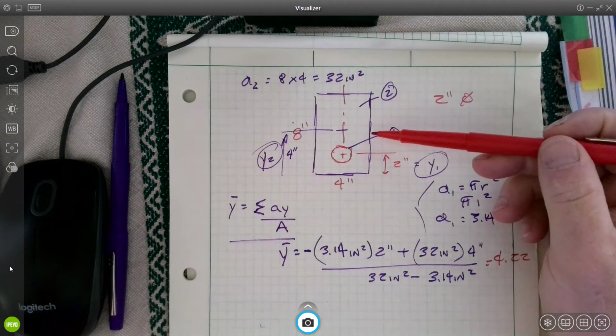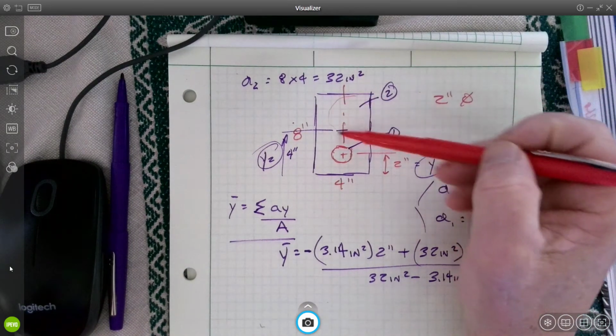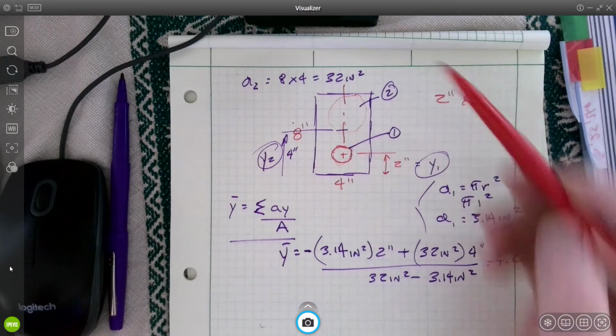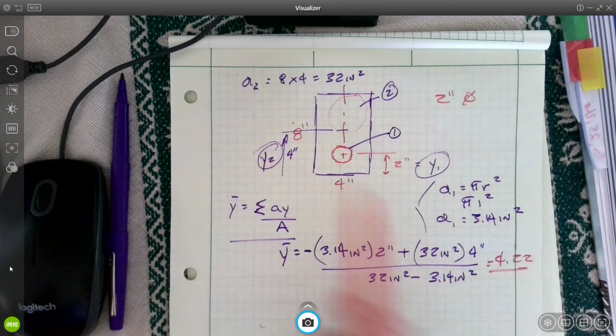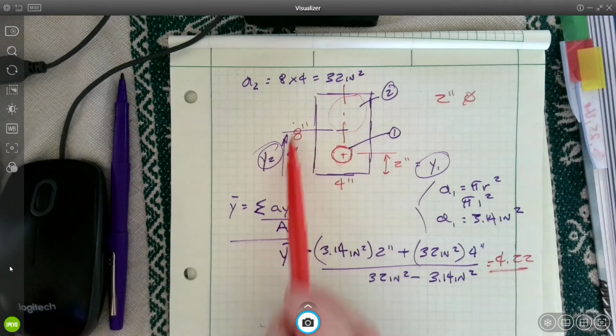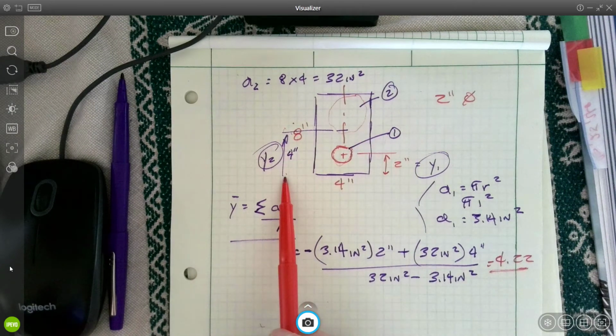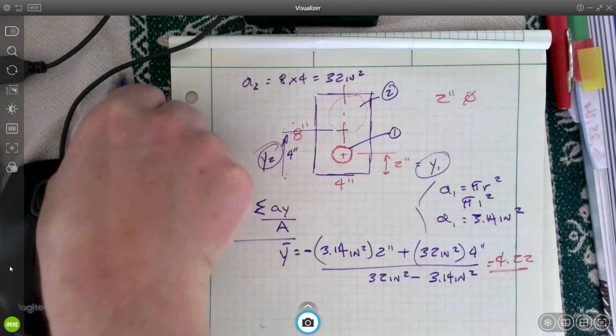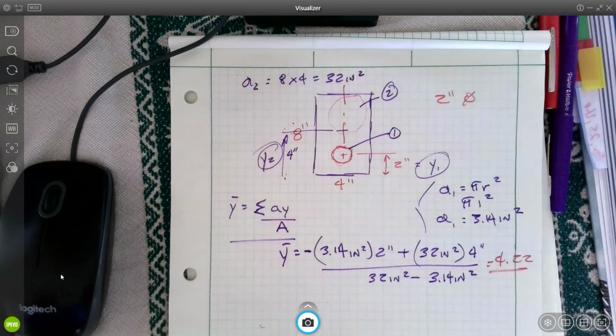And that makes sense because we have more mass up here, and we have less mass down here because of the subtracted hole, so it's going to shift up. Where the rectangle by itself has a y-bar of 4, but when we cut the hole, the y-bar now is 4.22. So why do we need that?